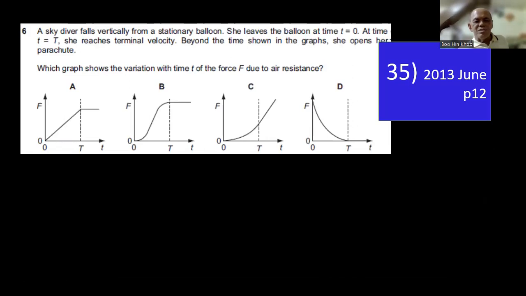Okay, have a go. This is 2013 June paper, part 2. A skydiver falls vertically from a stationary balloon. She leaves the balloon at time t equals 0. At time t equals T, she reaches terminal velocity.